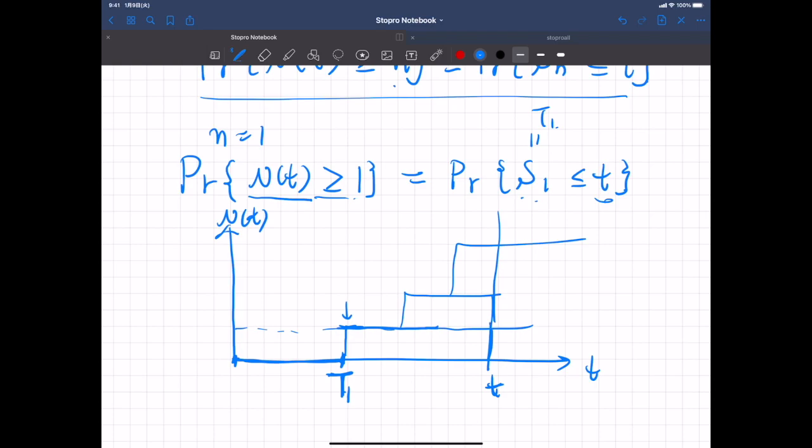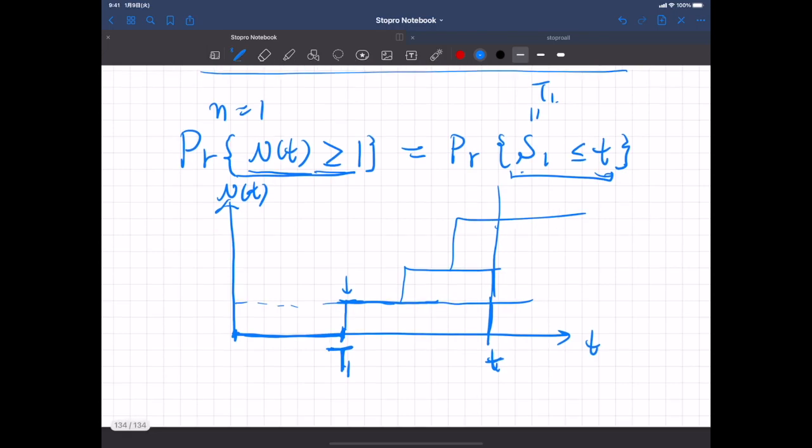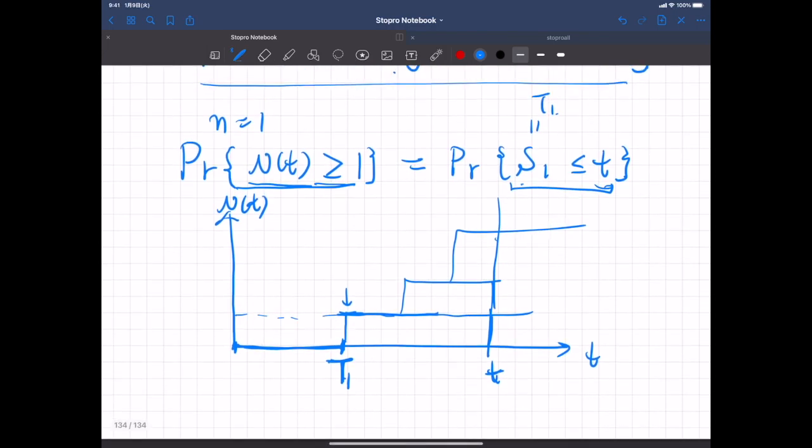There could be 2 or 3 or more renewals, but in any case, this event is actually the same as this event. So consider n equal to 2. S2 would be T1 plus T2. So there could be 2 renewals.